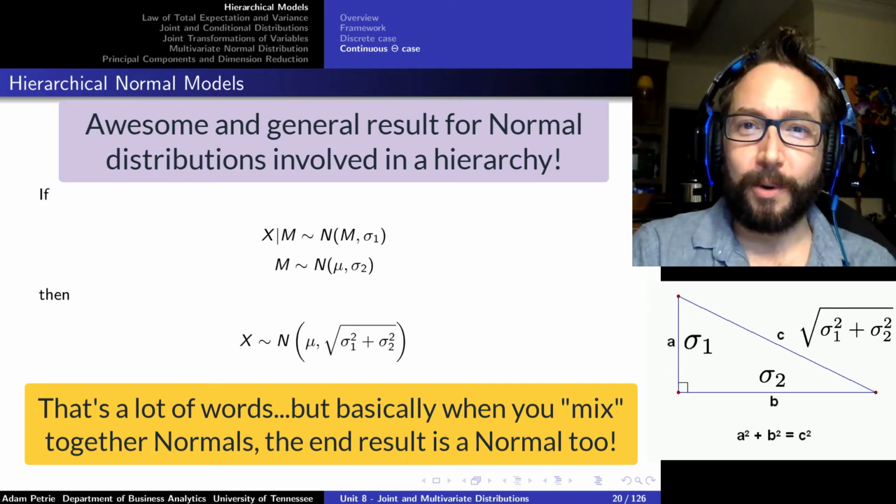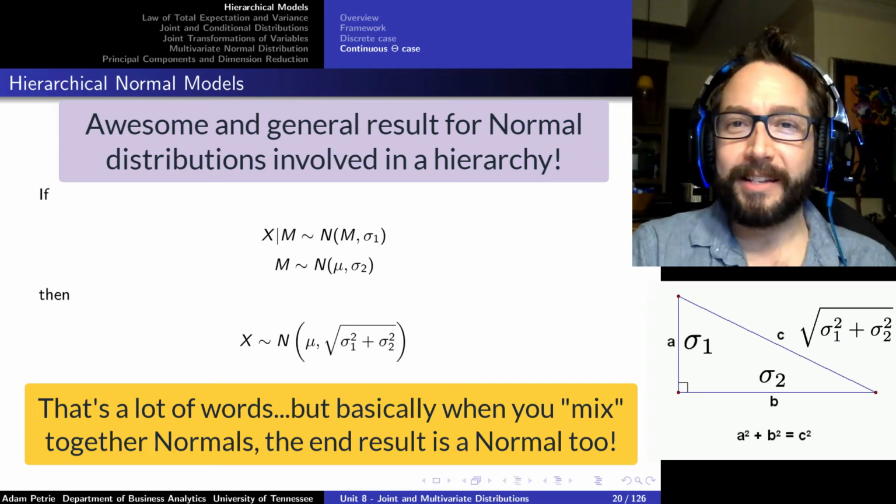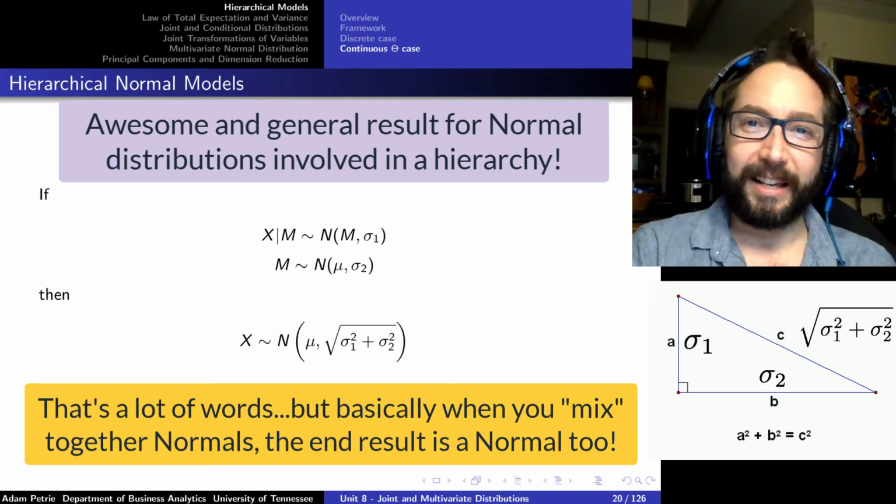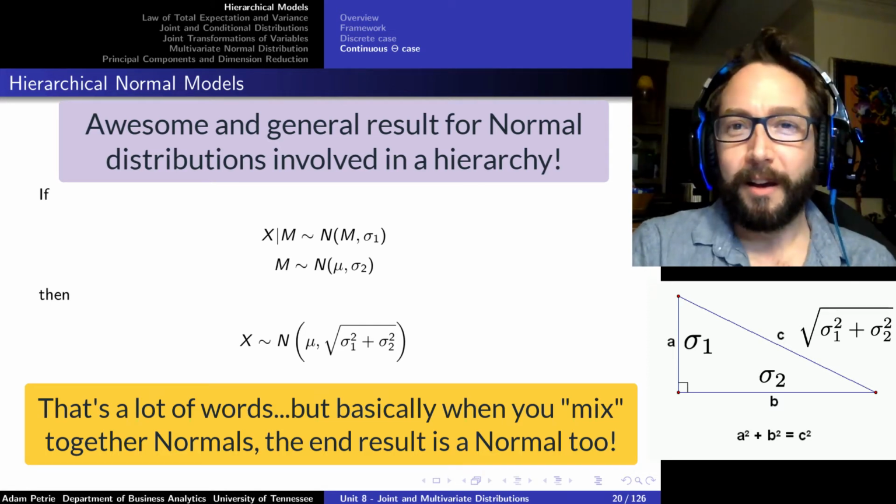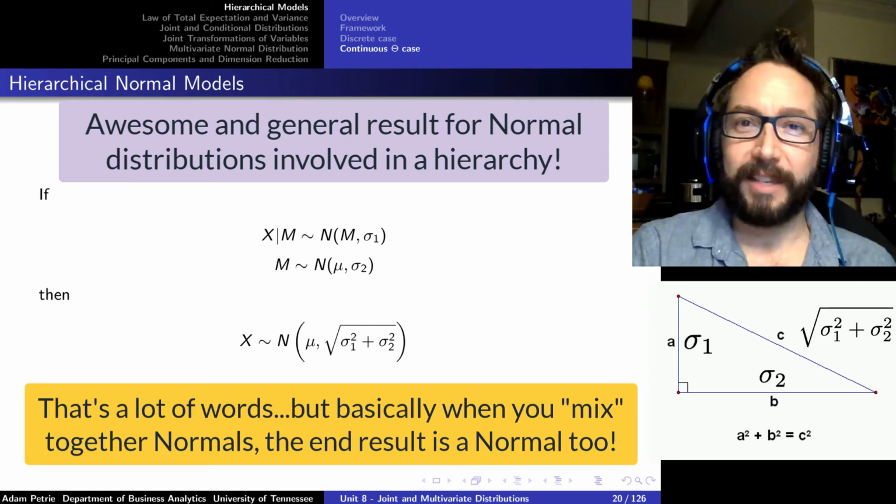Squaring up the two standard deviations involved and then taking the square root of the result. Kind of like the hypotenuse is the square root of the sum of squares of the other two sides of the triangle.